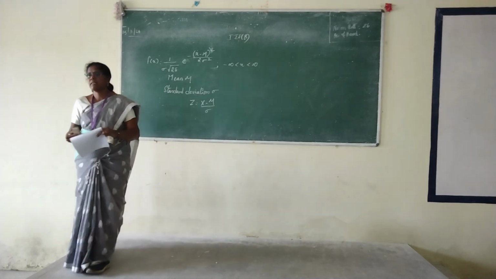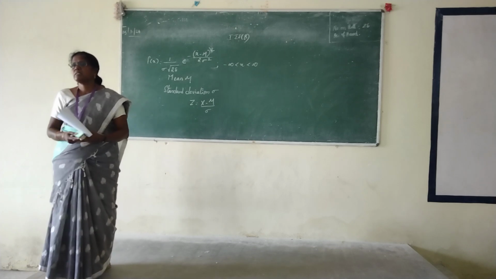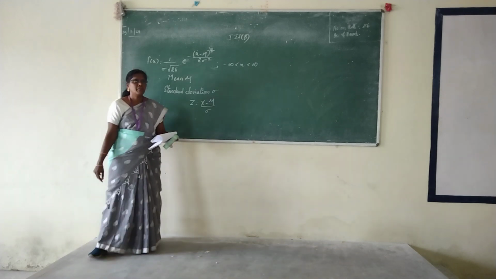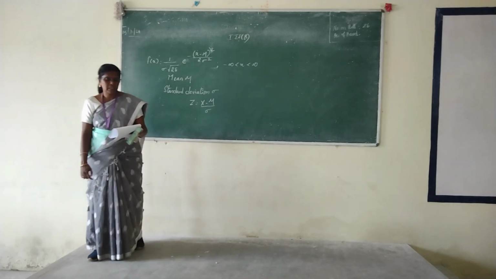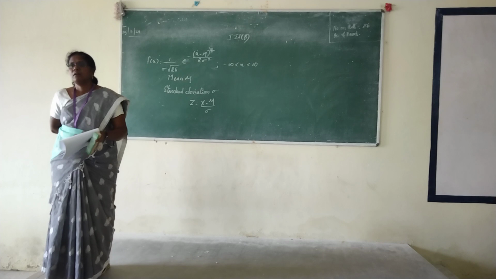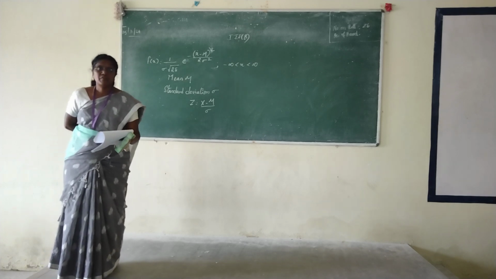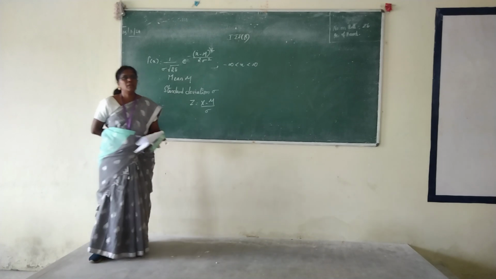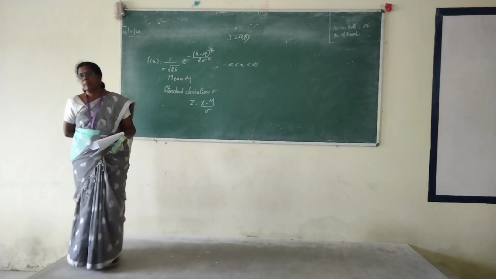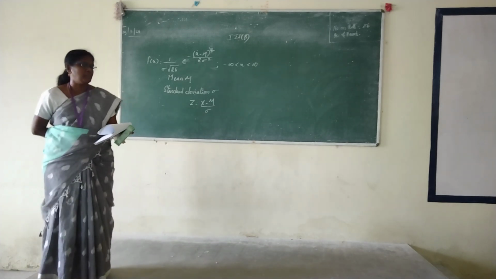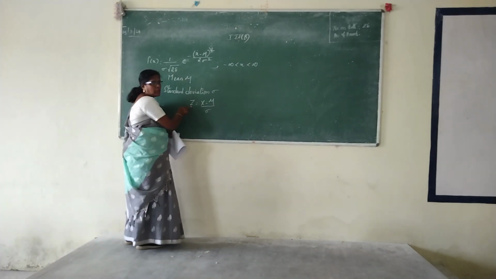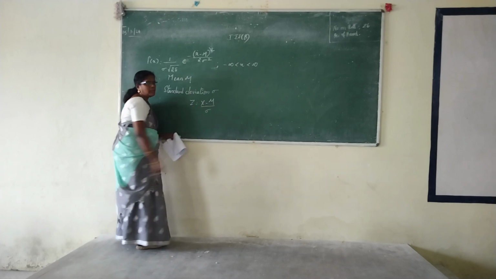Next definition. If x is a normally distributed random variable with mean mu and standard deviation sigma, then z is equal to x minus mu by sigma.